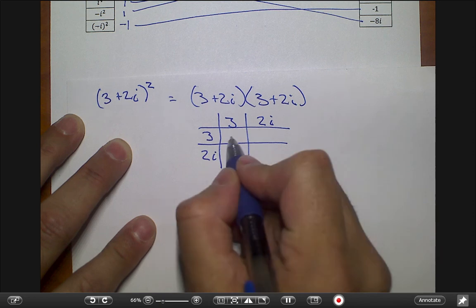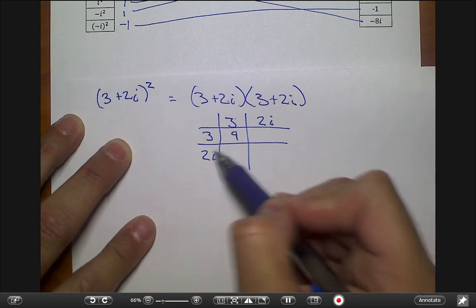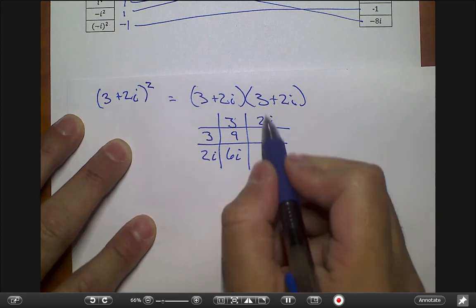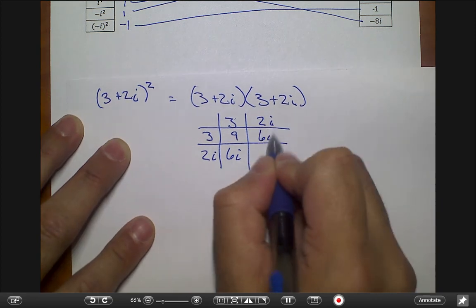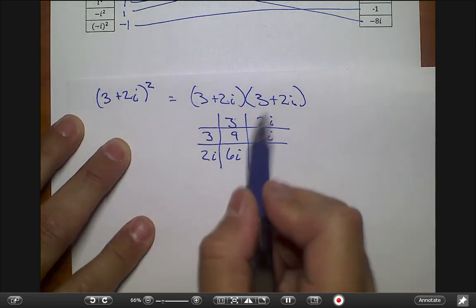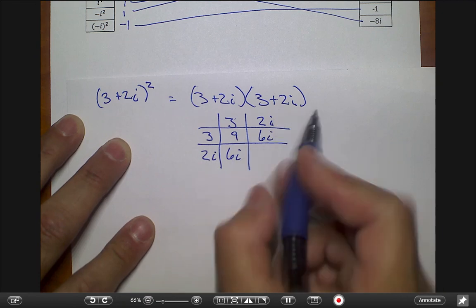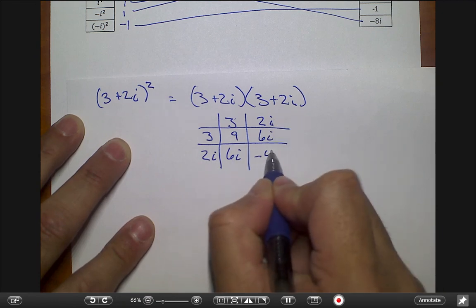Three times 3 is going to give me 9. 3 times 2i is 6i. 2i times 3 is 6i. 2i times 2i is 4i squared, which becomes negative 4.